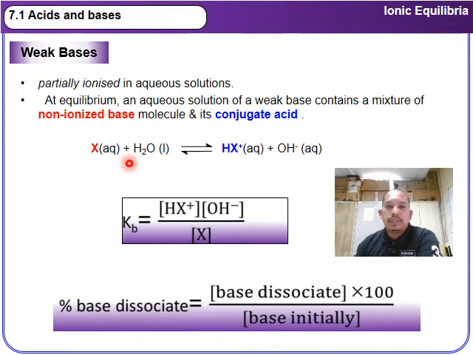From here, we obtain the Kb value, which is the concentration of HX+ ion times the OH- ion, divided by the concentration of X. The percentage of base dissociated is the dissociated base concentration divided by the initial base concentration, times 100.